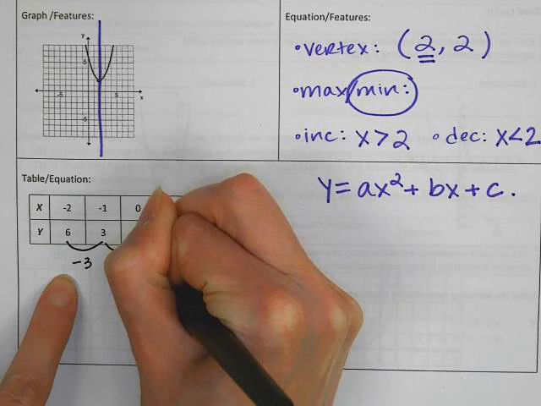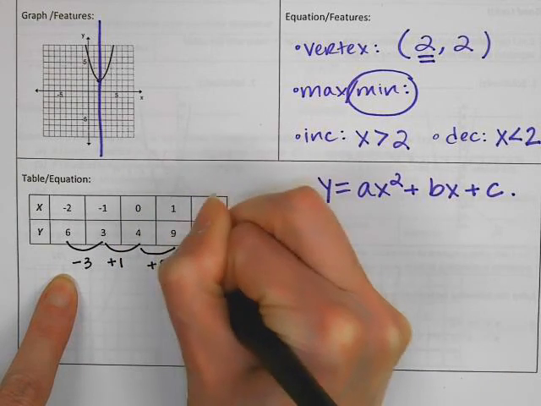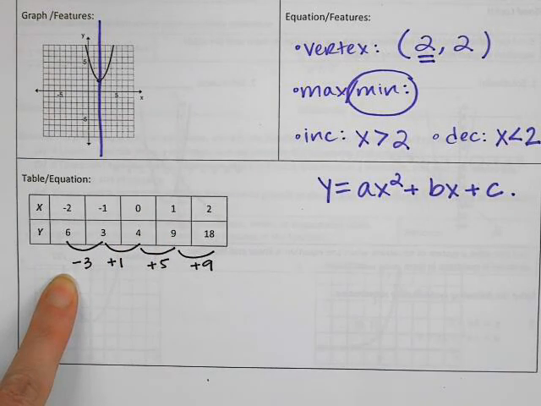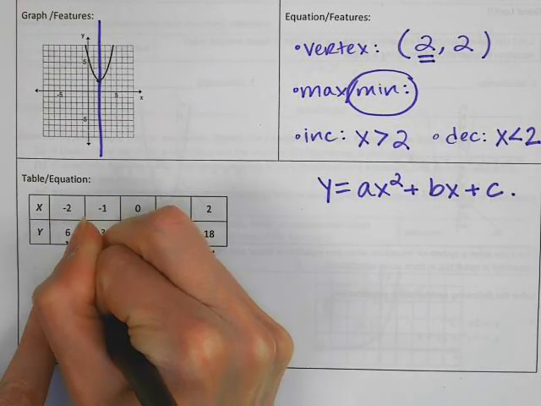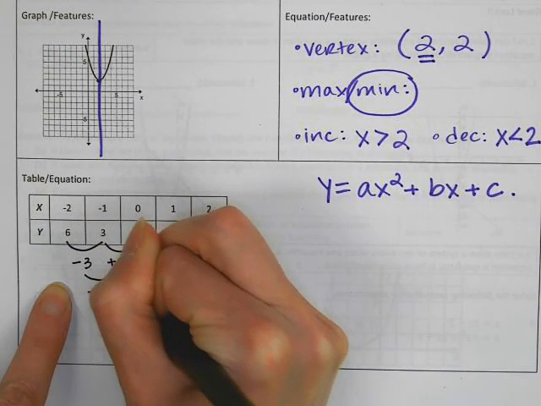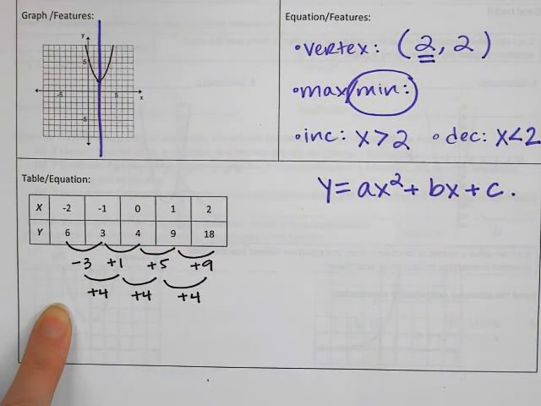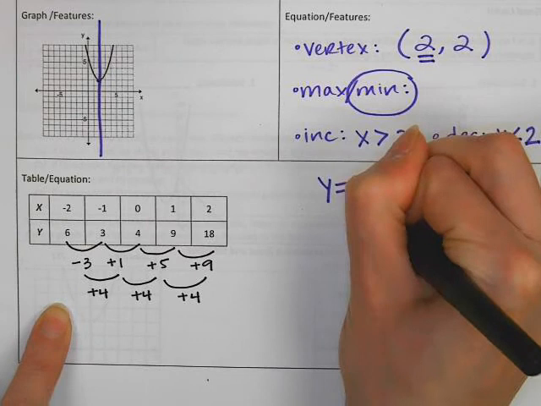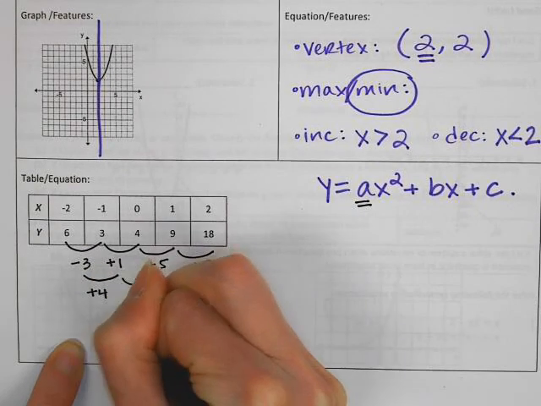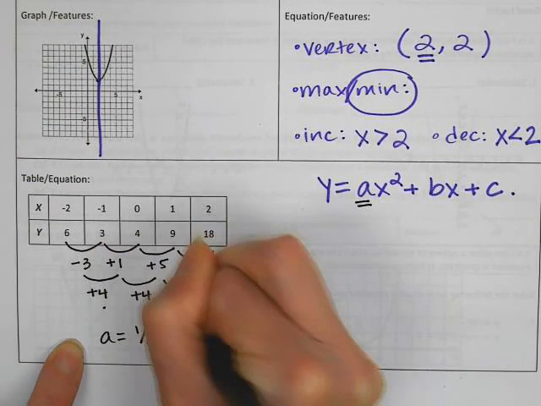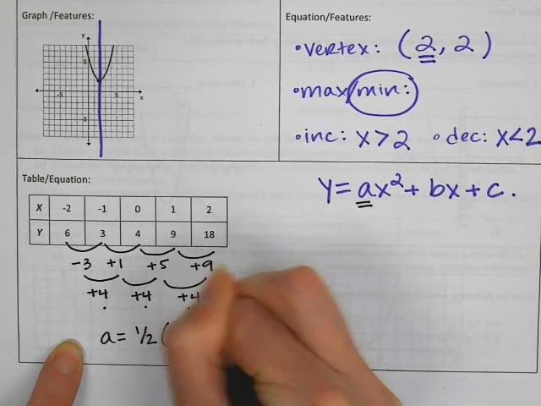This is plus 5, and this one's plus 9. Now let's find the second difference. Here to here, we're adding 4. Here to here, we're adding 4. Here to here, we're adding 4. Okay, so remember, a is just half of the second difference. So half of 4 is 2.